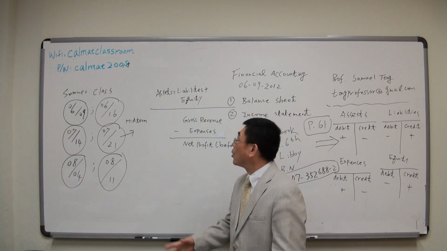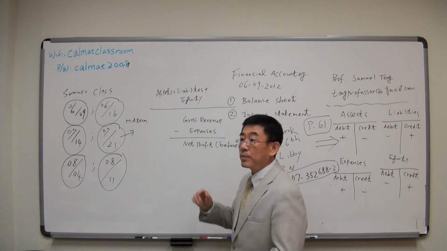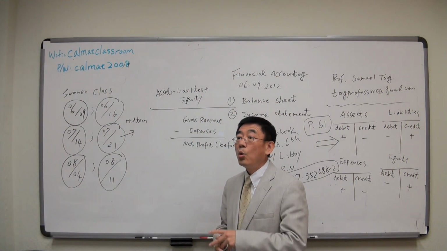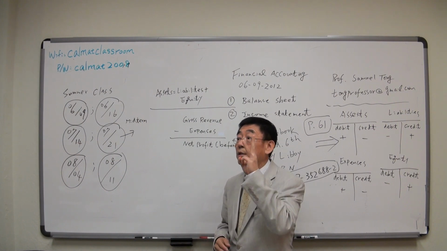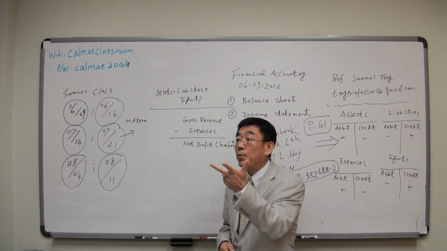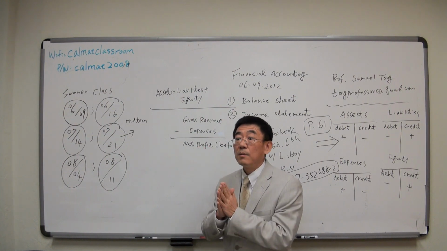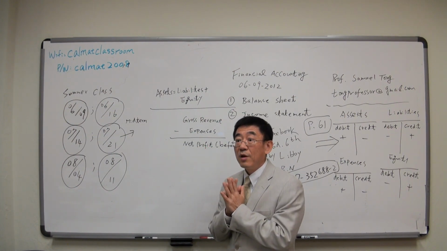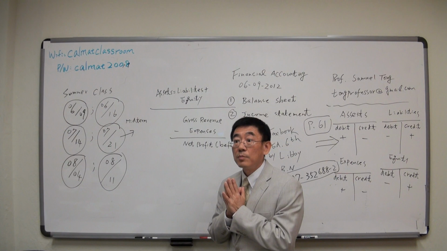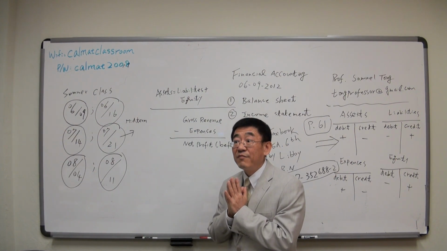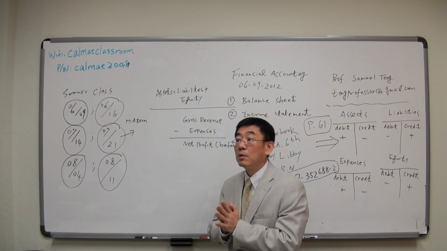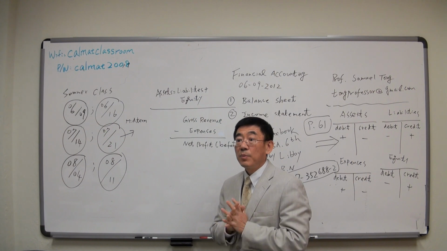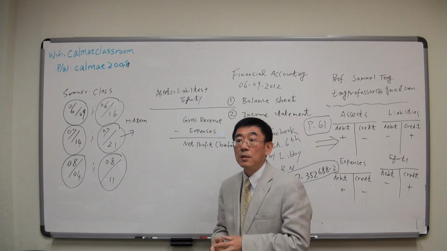When we talk about the balance sheet, you only think about 3 things: assets, liability, equity. Never mix up revenue and expenses into your balance sheet, because that is a very common error for people who start to learn accounting.